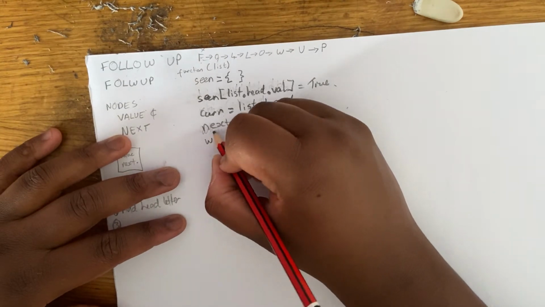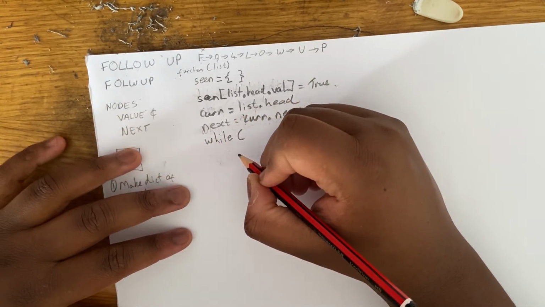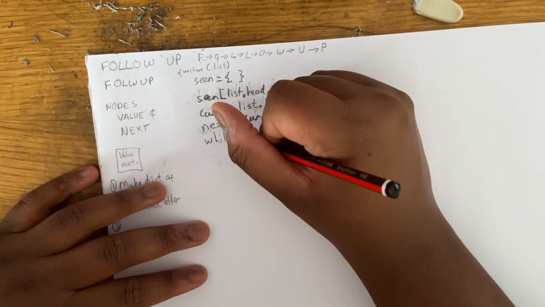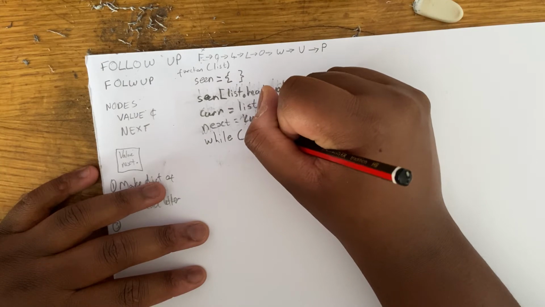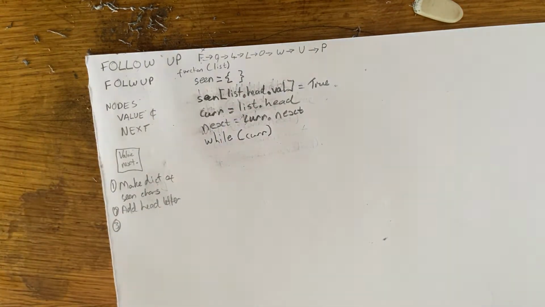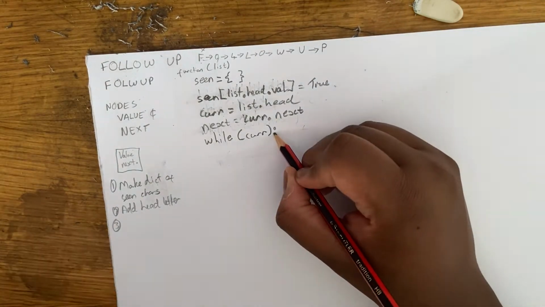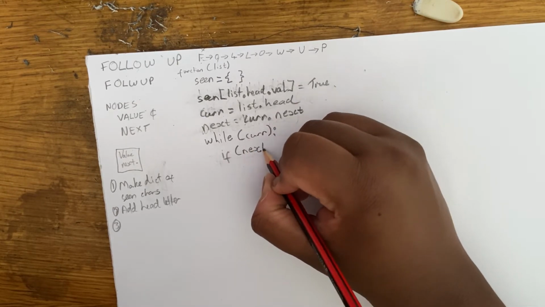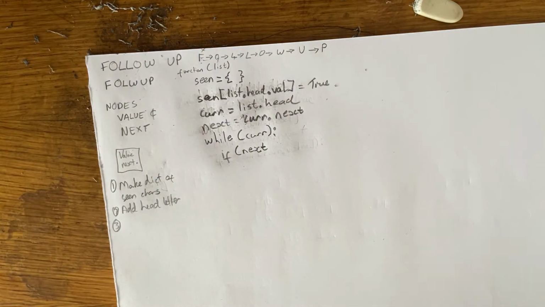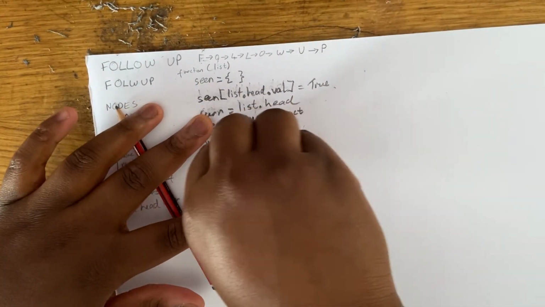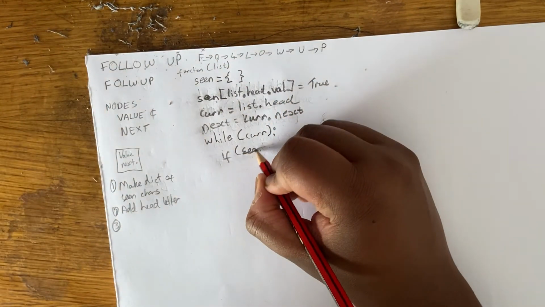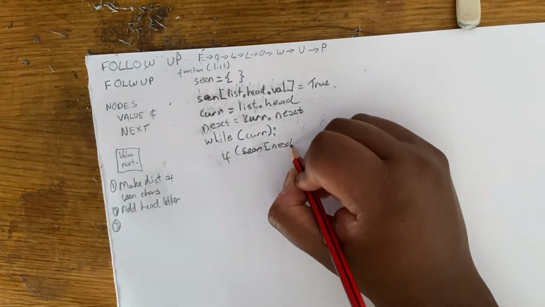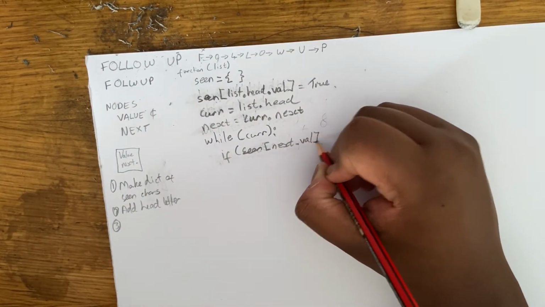Then while cur, then we need to check if next... no, wait. If seen next dot val, right?